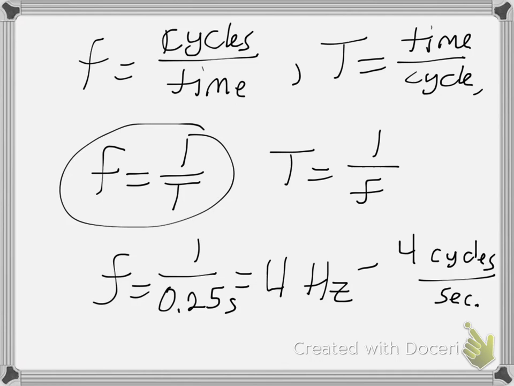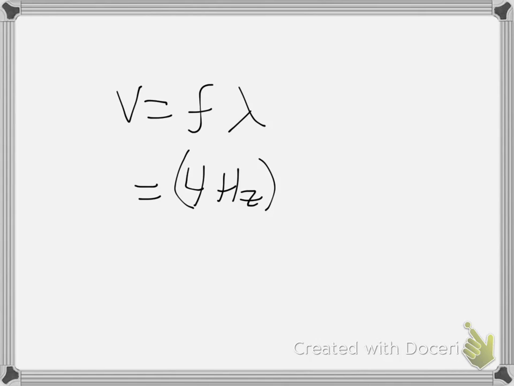Now we want to calculate the velocity. Now that we found the frequency, we can say the velocity is equal to the frequency times the wavelength. We know the frequency, we just calculated it. It's going to be 4 hertz times 0.3 meters, or 30 centimeters.